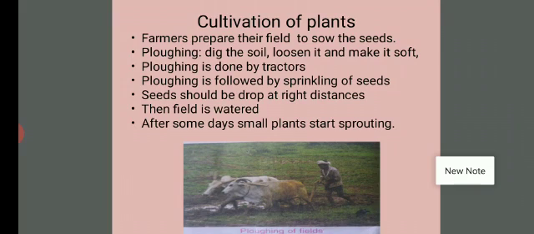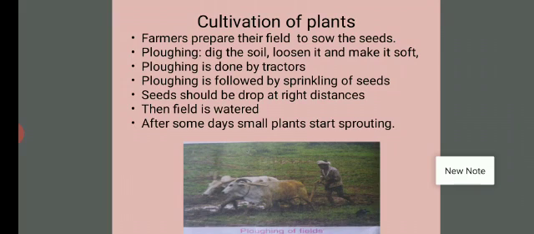After ploughing, seeds are sprinkled. But an appropriate distance should be kept while dropping the seeds. Why?